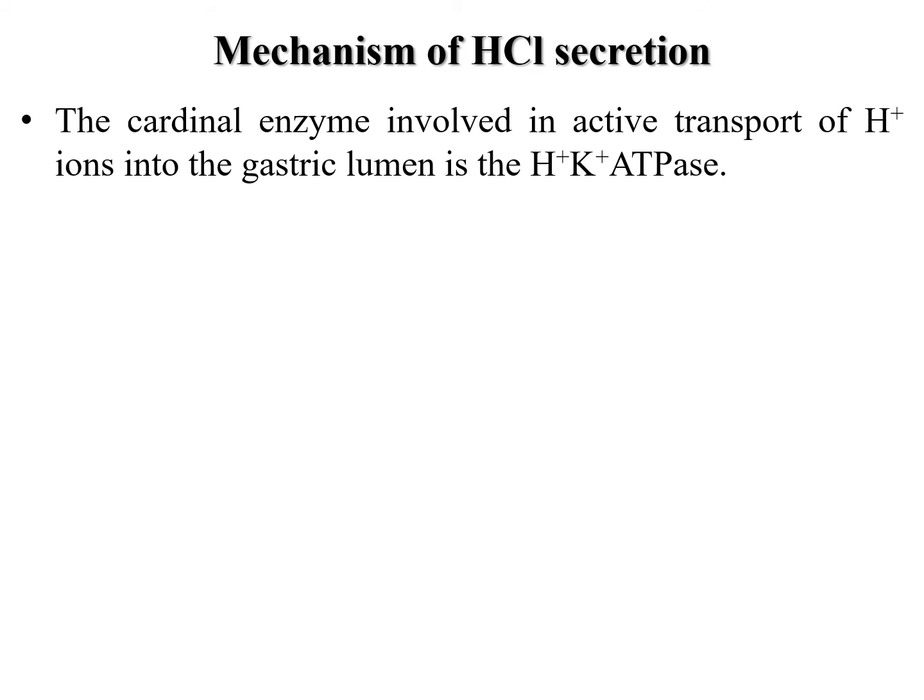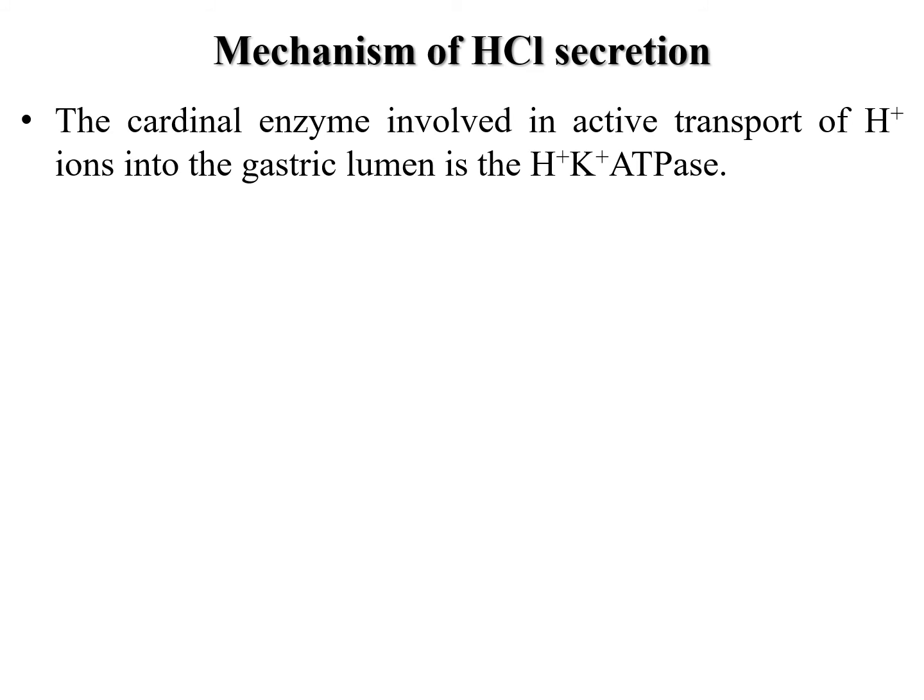The enzyme that is involved in the secretion of H+ ions is the cardinal enzyme, and it actively transports the H+ from the parietal cells into the lumen of the gastric glands. Its name is the H+/K+ ATPase or hydrogen potassium ATPase, but more commonly it is known as the proton pump.